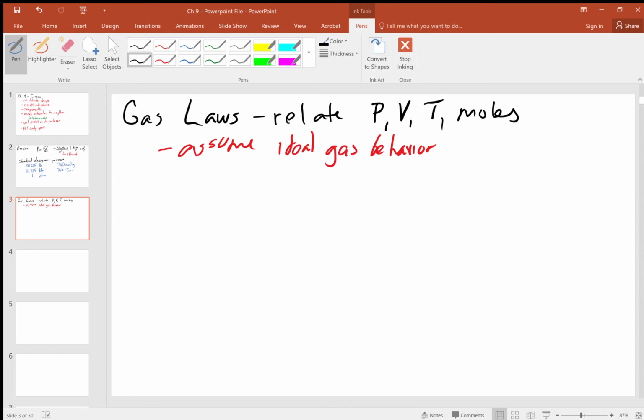So for our first 4 gas laws that we're going to look at, two of the terms will be constant and two of them will be changing. At the end, we'll combine these into 2 larger gas laws, which involve more of these.